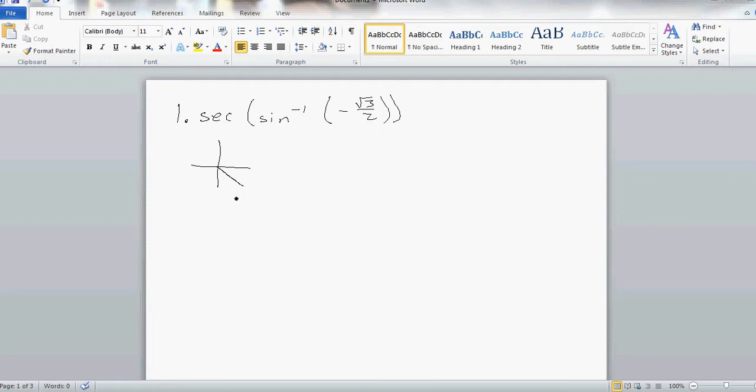Since it's negative, that means it's in quadrant number 4. And so we know that the sine of this is root 3 over 2. Well, where is the sine equal to root 3 over 2? That is at pi over 3.